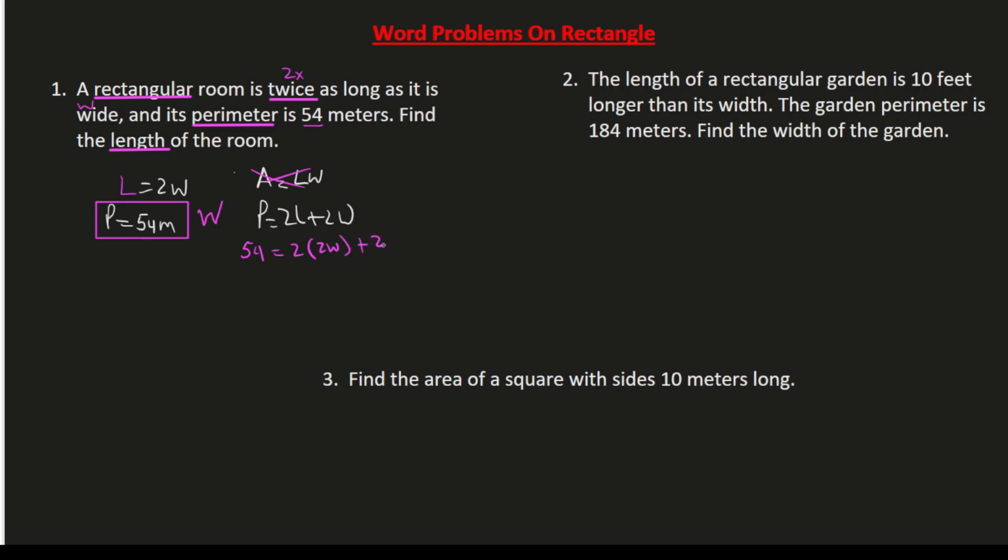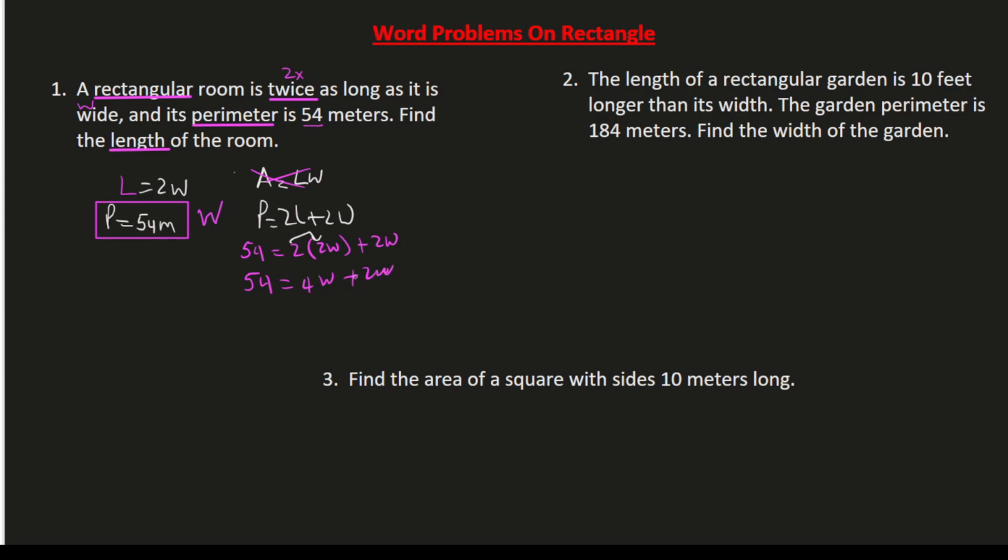Now we're going to multiply 2 times 2W. And we get 54 is equal to 4W, 2 times 2 is 4W, plus 2W.